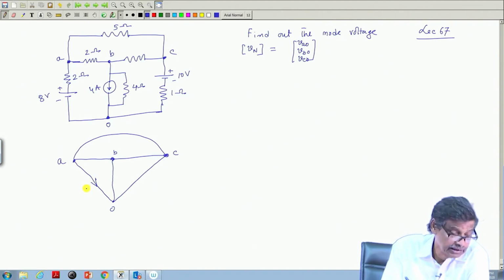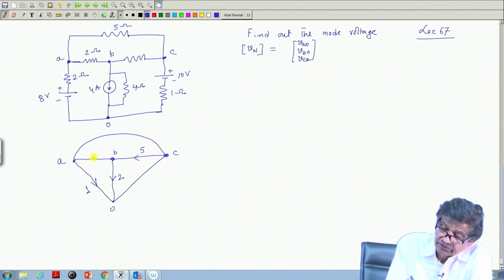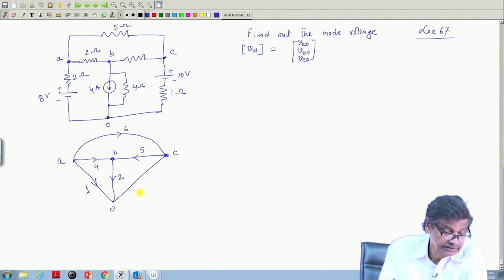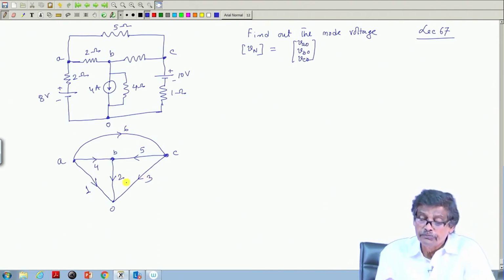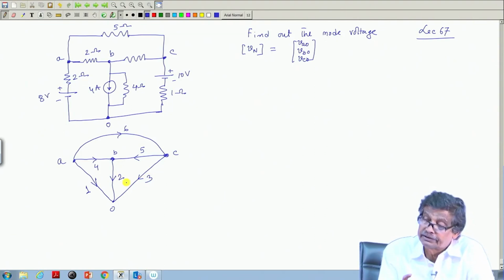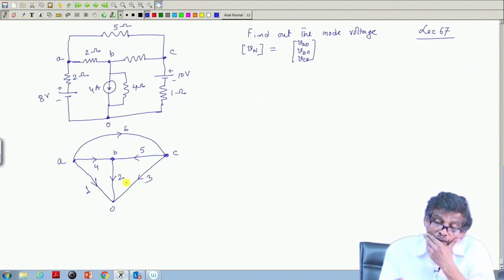So, this I call 1, this I have put arrow this way, 2, this 5, this numbering is also arbitrary, 4, and this is 6, element 6, and this is suppose 3. So, all directions have been assumed and it has become a directed graph. Okay.